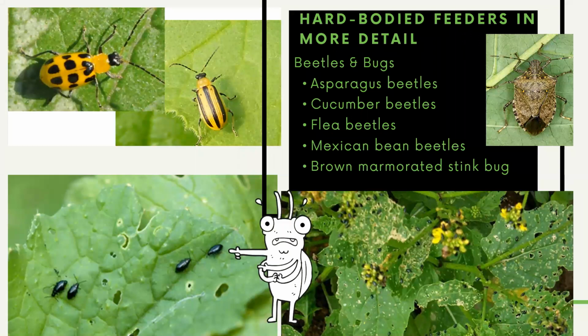The picture on the bottom right you can see is a very heavily damaged plant in the cole family, cole crop. So then we have the Mexican bean beetles, which we already talked about. You saw the larva and the beetle in the last slide. And then the brown marmorated stink bug. I haven't really personally seen many of these around here, but they are a problem in some areas. And what these guys do is they have a long proboscis.